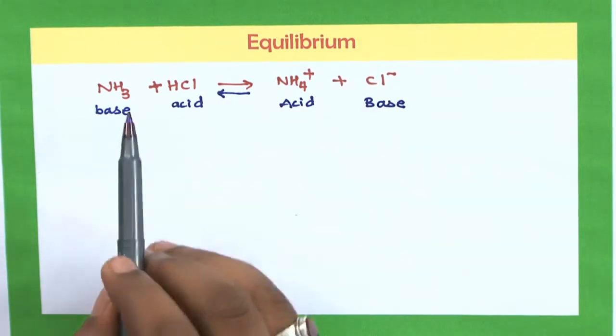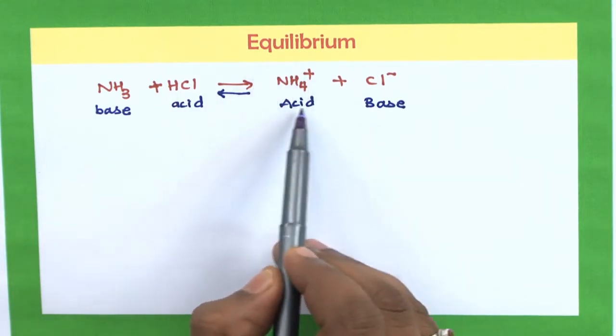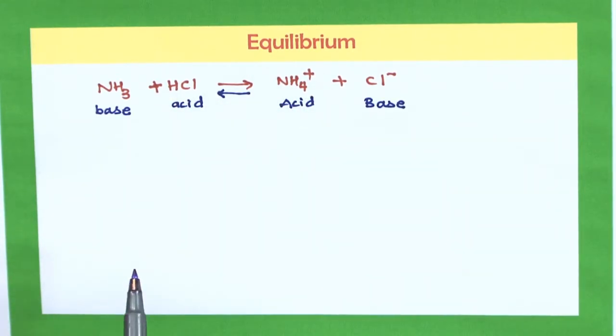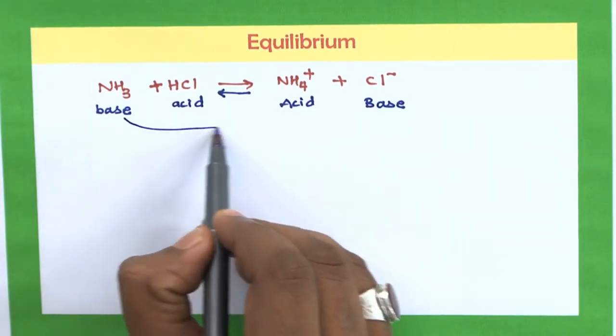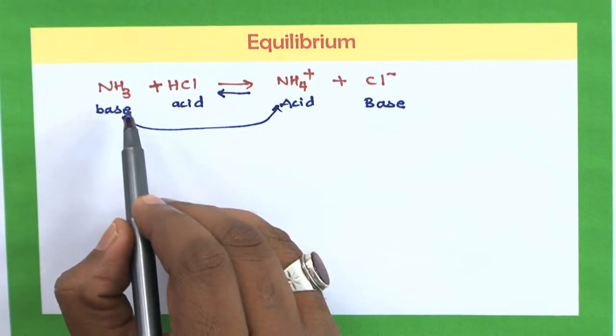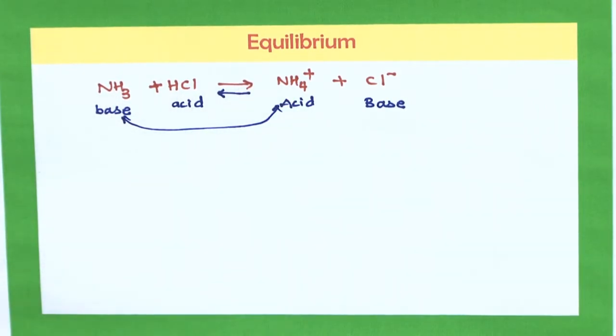Now, in this equation, ammonia is the base, HCl is the acid. In the reverse reaction, ammonium ion is the acid and Cl minus is the base. Ammonia and ammonium ion, one is an acid, the other is a base. They only differ by a proton. A pair of an acid and a base that differ by a proton is called a conjugate acid-base pair.